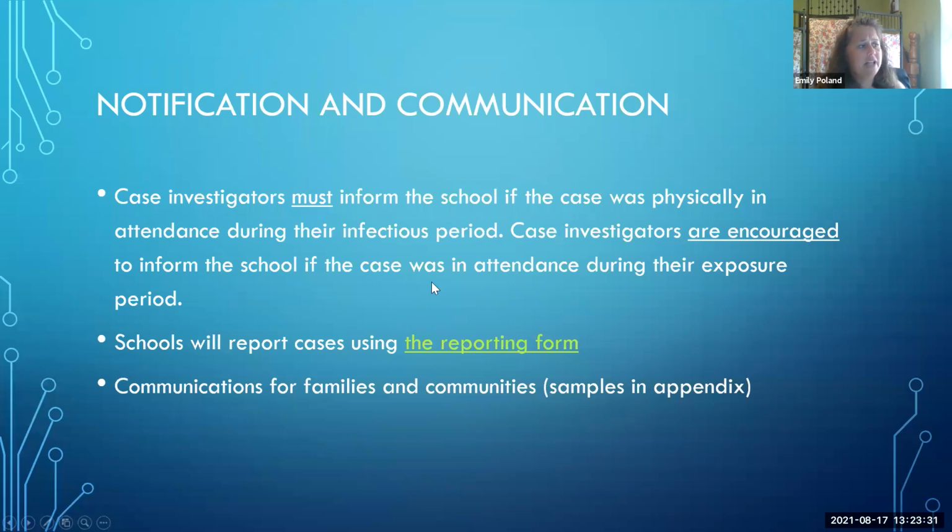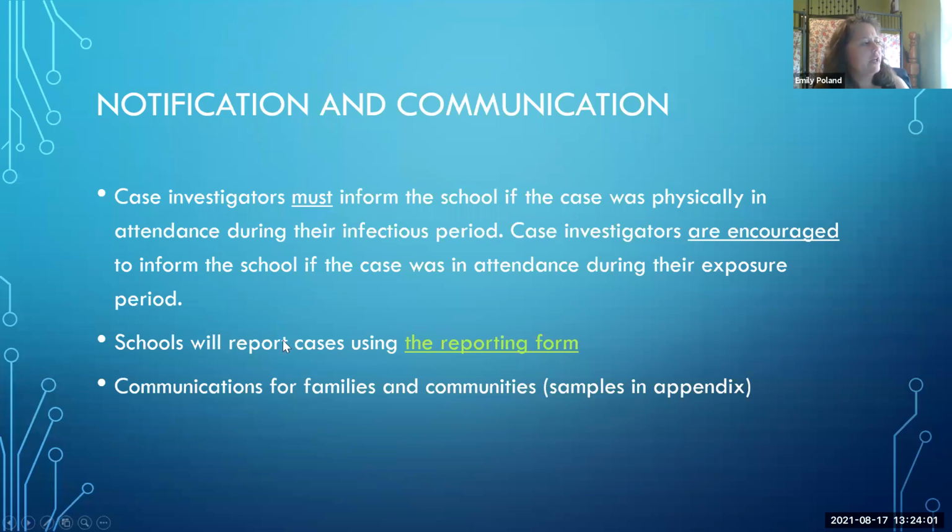What we found last year was that they were pretty good about notifying you when the case was there during their infectious period. But as the caseloads increased, they were less able to talk to the school when it was just during their exposure period.